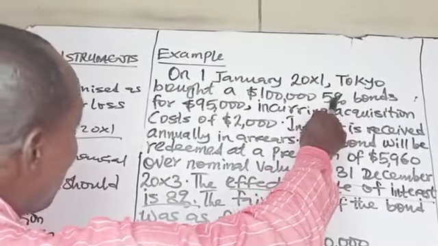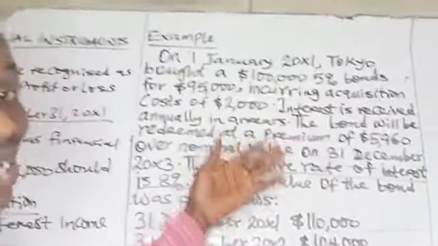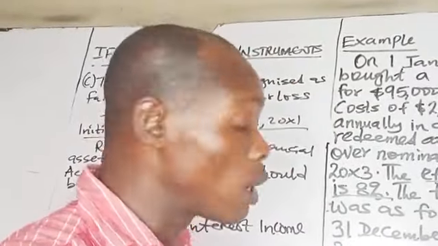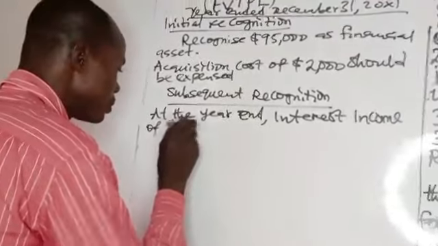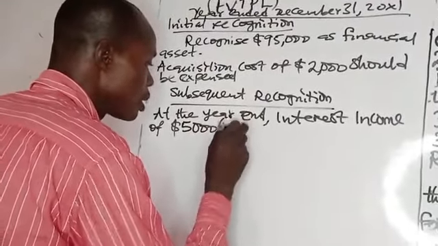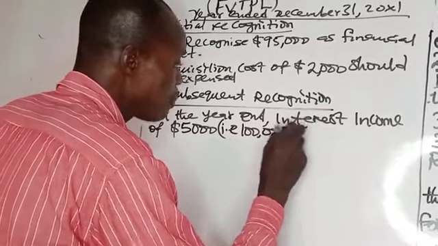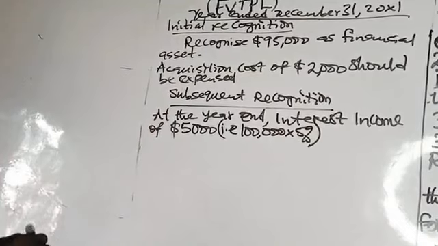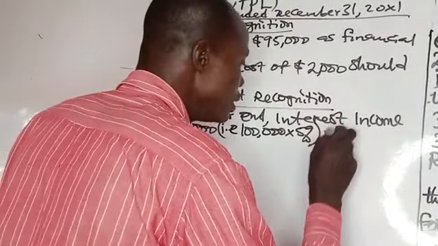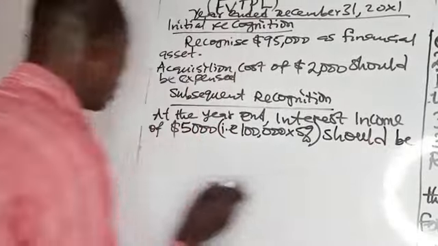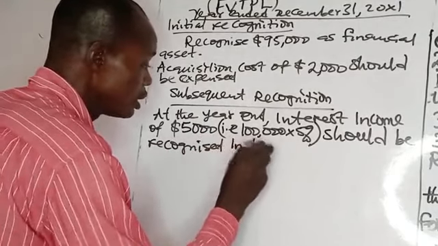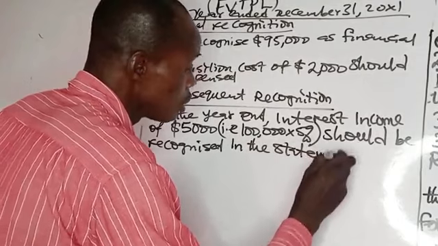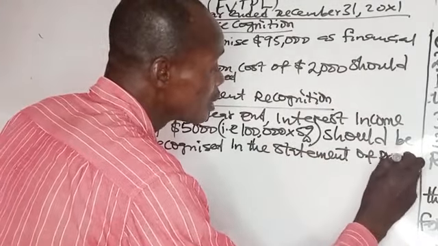It is the coupon rate that is used where an investment is recognized as fair value through profit or loss, not the effective interest rate. 5% of 100,000 is 5,000. Interest income of 5,000 should be recognized in the statement of profit or loss.